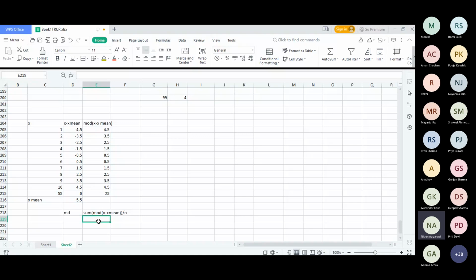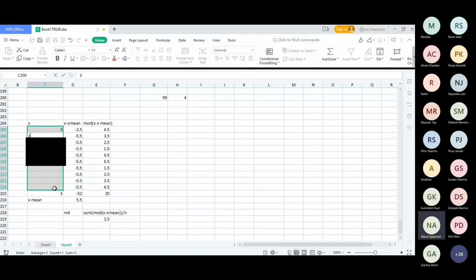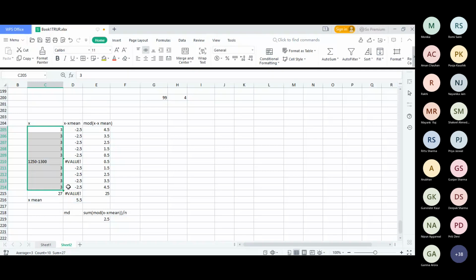Here in this case, the mean deviation comes out to be 25 divided by the number of elements, which is 10. So it becomes 2.5, the value of MD is 2.5. Clear? Now suppose we take each and every value as equal. We make each value 3.